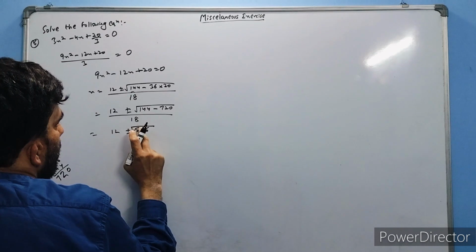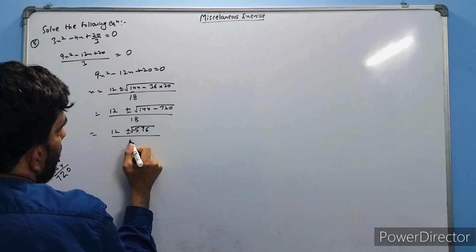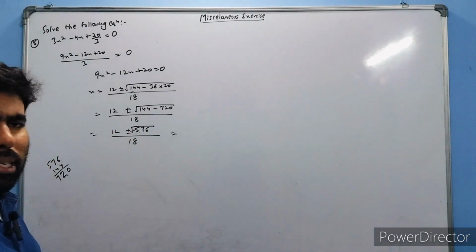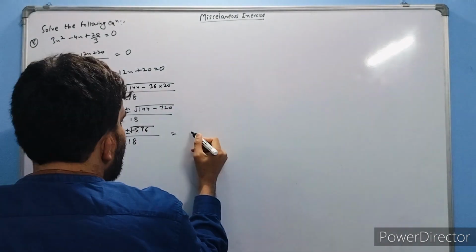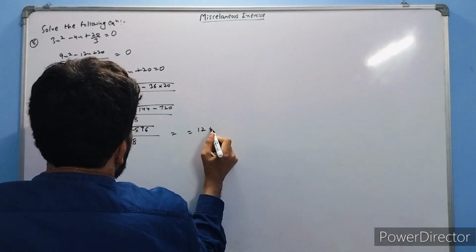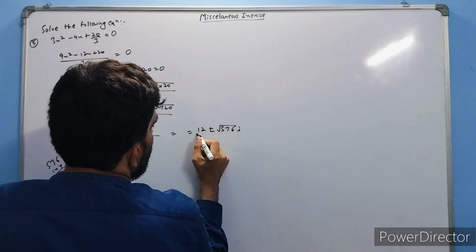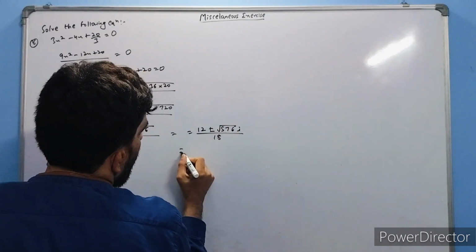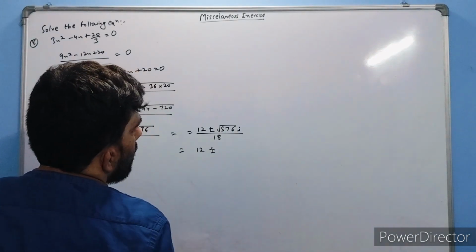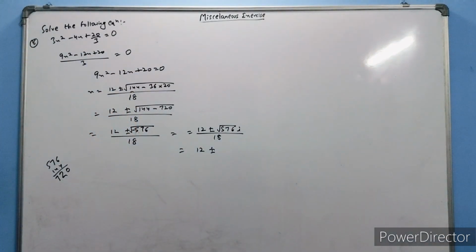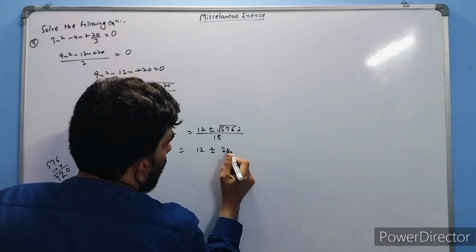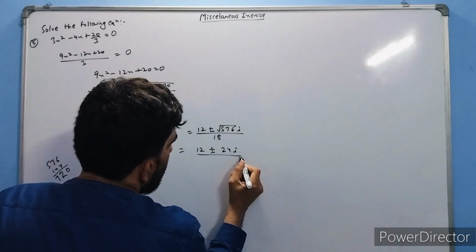Okay, so I have this root of 576 upon 18. Now we know the square root of minus 1 is i. So we'll have 12 plus minus 576 i upon 18. Now we know that root of 576 is 24, so 24i upon 18.